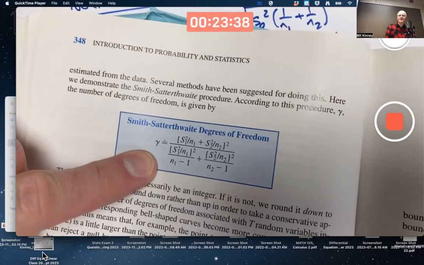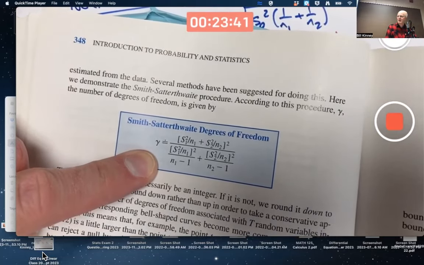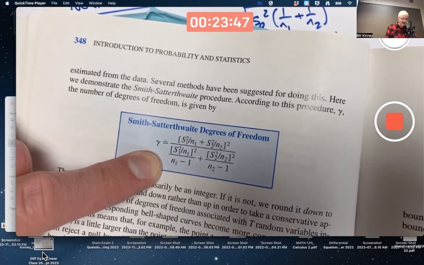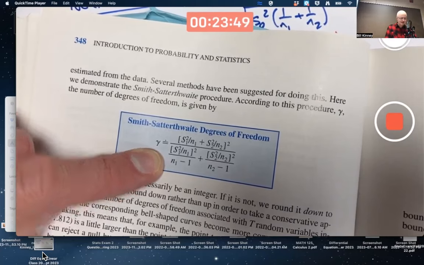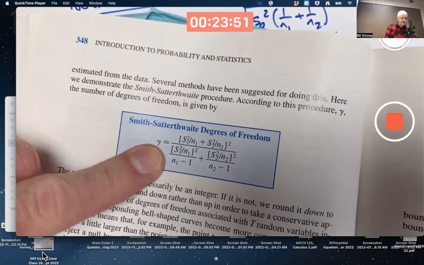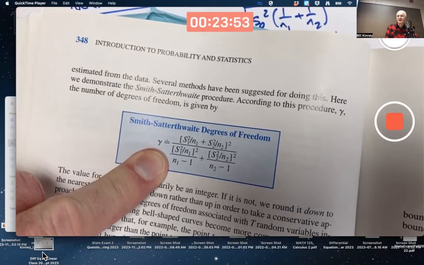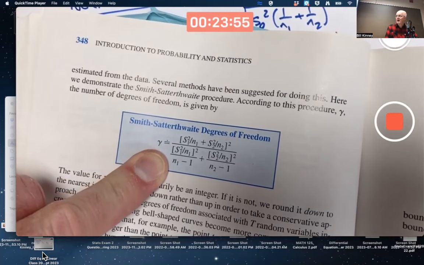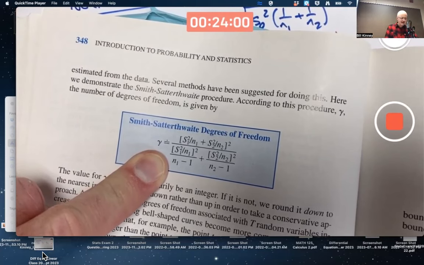That's the degrees of freedom if sigma 1 squared and sigma 2 squared are clearly different. What in the world? And it's an approximation. It's not exact. There's a dot above that equal sign, and that's not a bug. It means approximately equal. It doesn't give you a whole number, so what you end up doing is rounding up if you use a table. Yeah, I think I've used that once in my life without making a mistake.